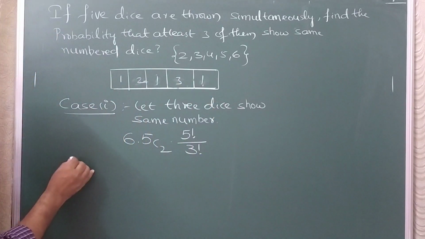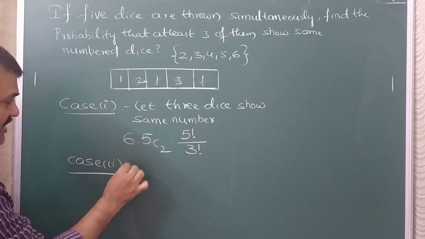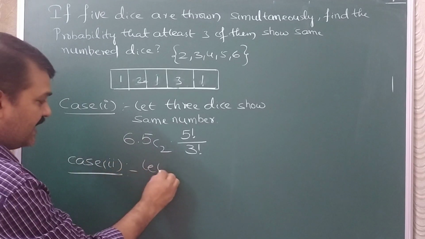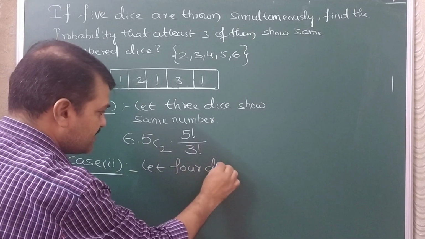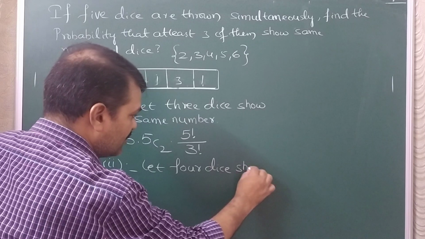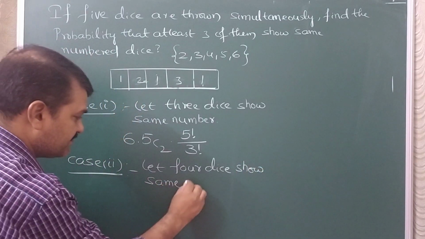Okay, now I am going to the second case. Second case is, let 4 dice show the same numbers.